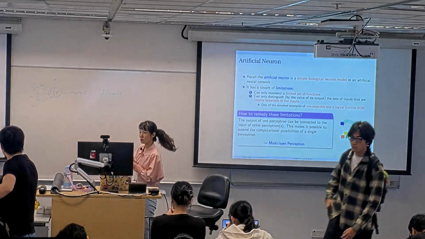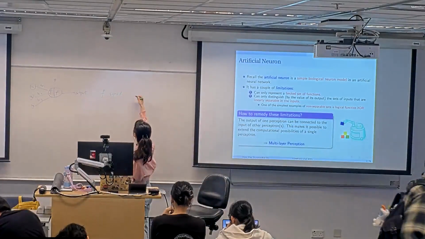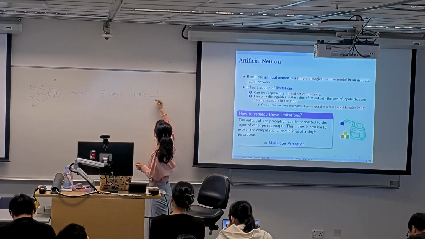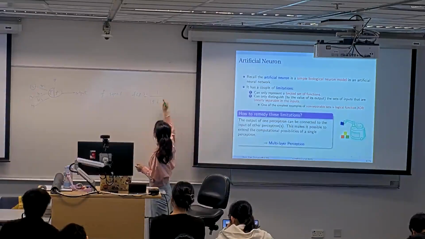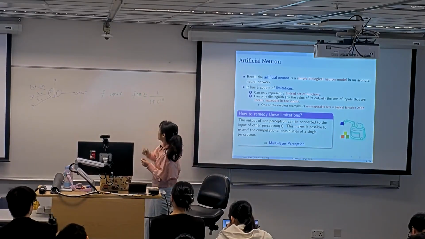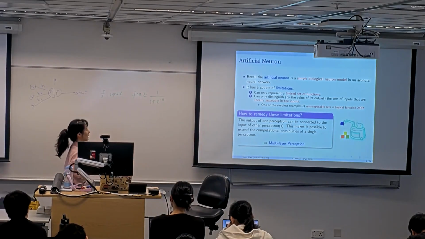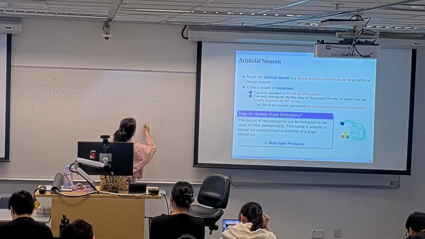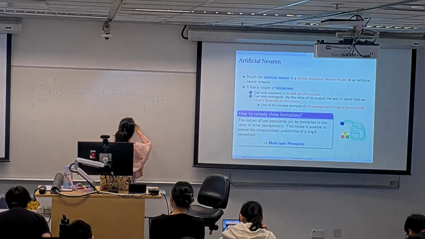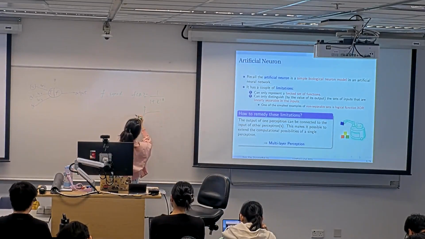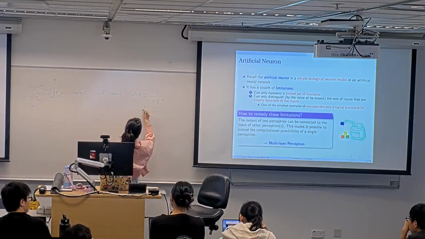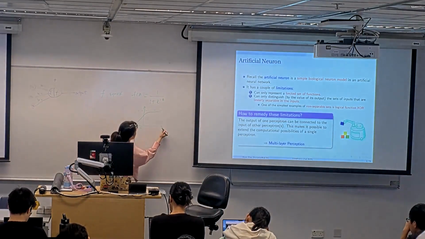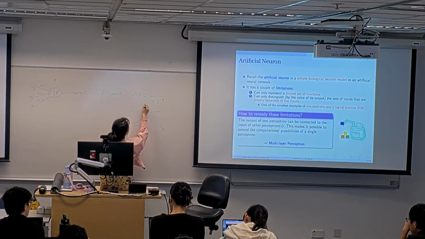Let's check the sigmoid. f(z) takes 1 divided by 1 plus exponential of negative z, right? This is the sigmoid. And we know the sigmoid basically looks something like this. This is 0, this is 1, this is z, and this is f(z).